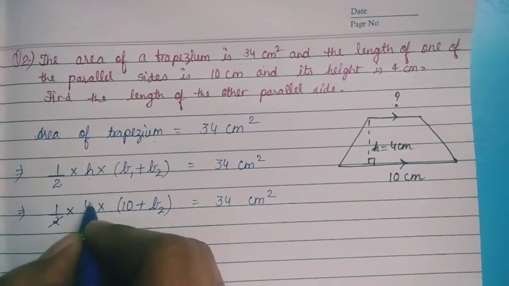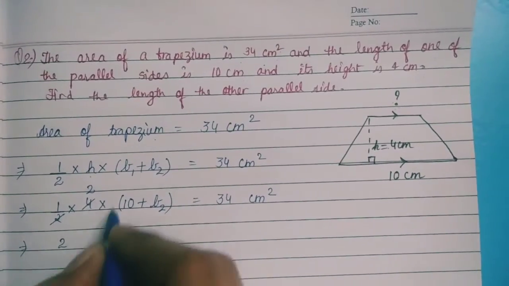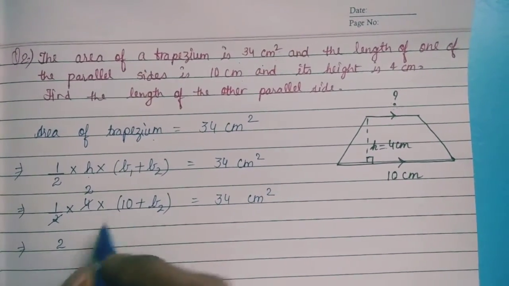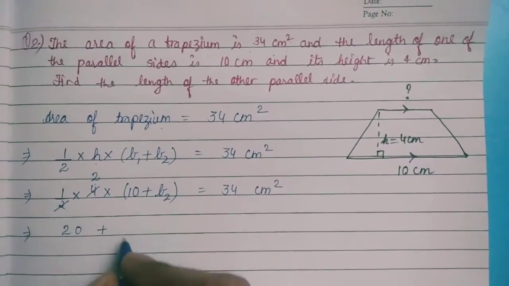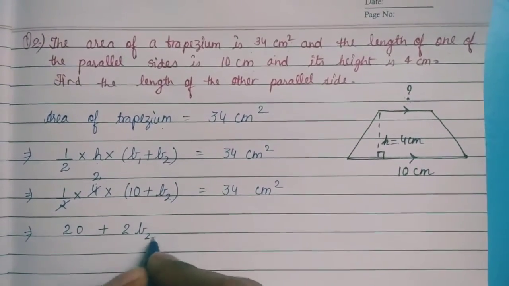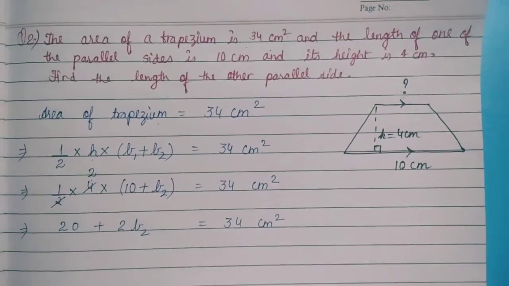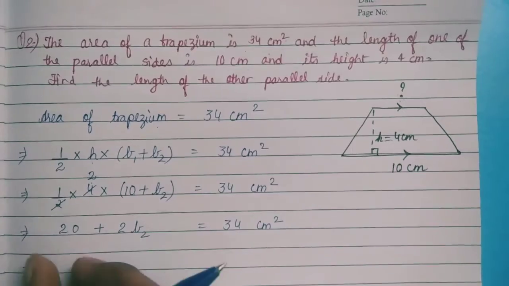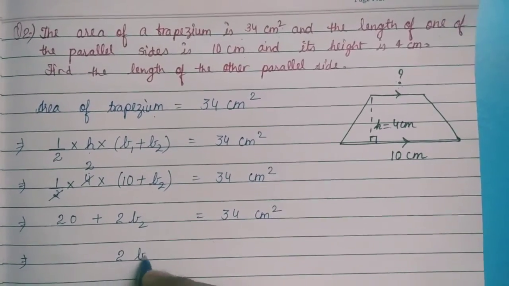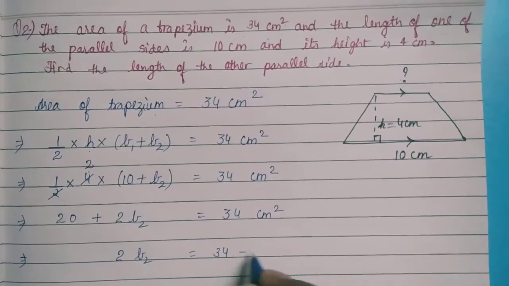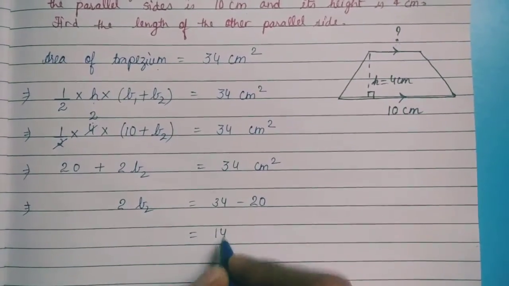Now we will reduce 4 by 2. So here we have 2 into 10, which is 20, plus 2 into B2, which is 2B2, equal to 34. Now this positive 20 will go to the opposite side, so 34 minus 20 gives us 14.